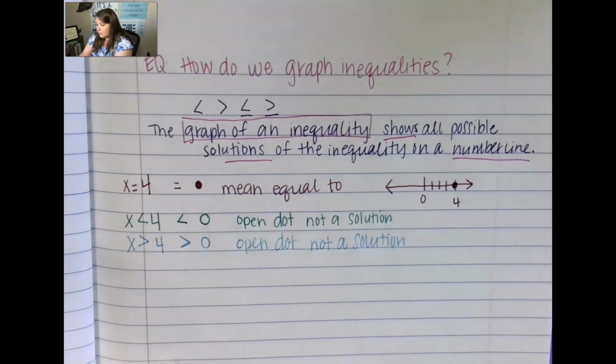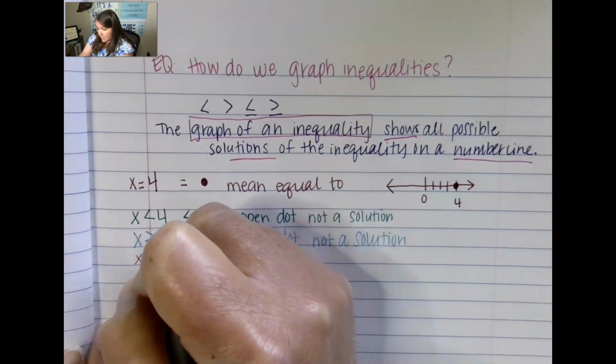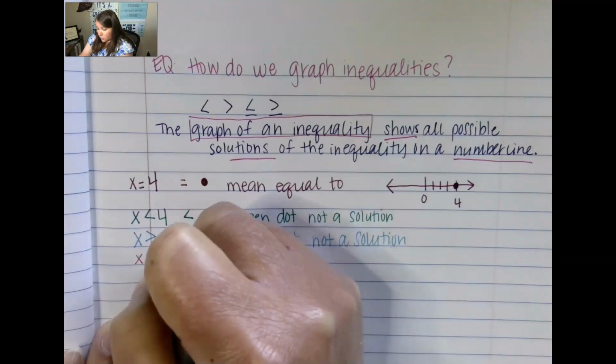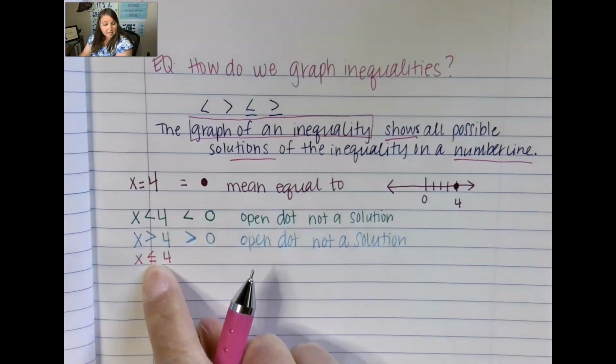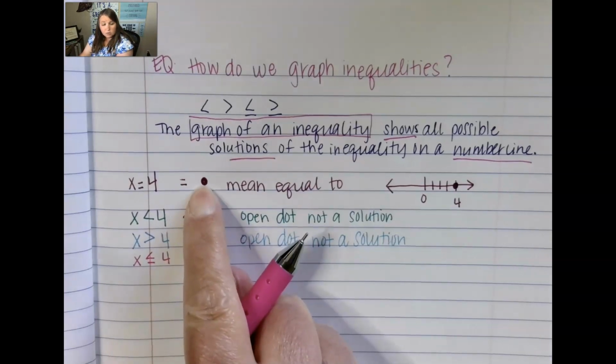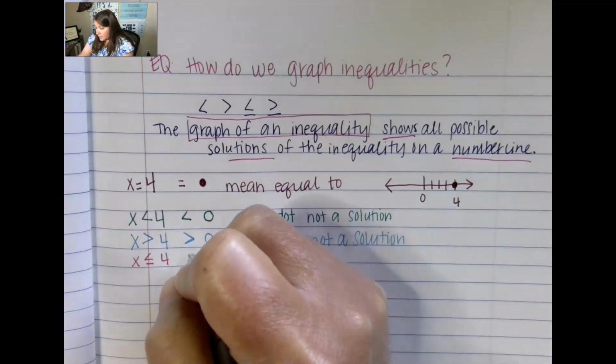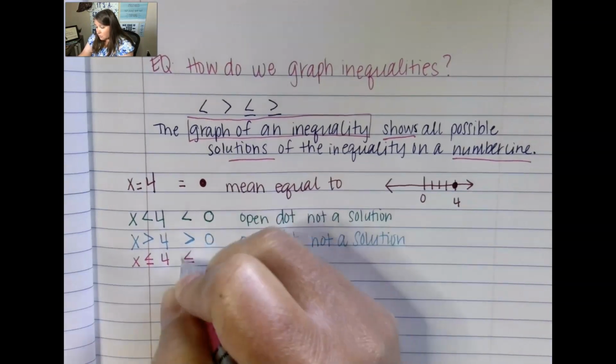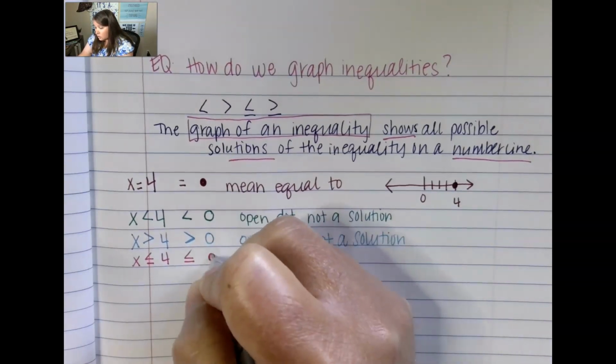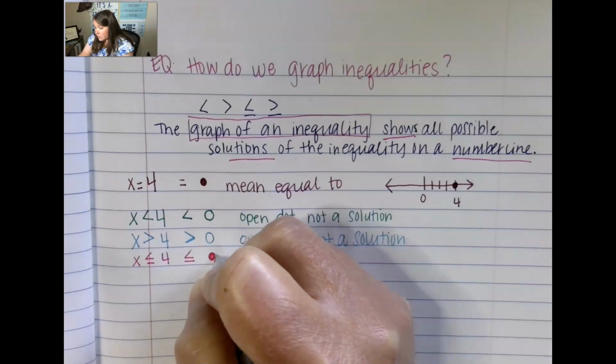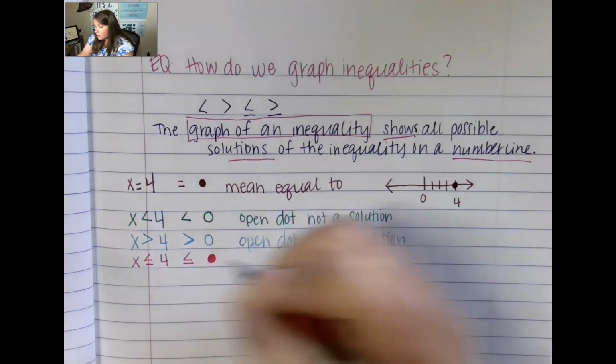Now, if it said something like x is less than or equal to 4, again, we have that it's equal to the 4. So because it's equal to, we're going to use a closed dot. That means that this symbol here could include 4, but it also is going to include everything underneath it.